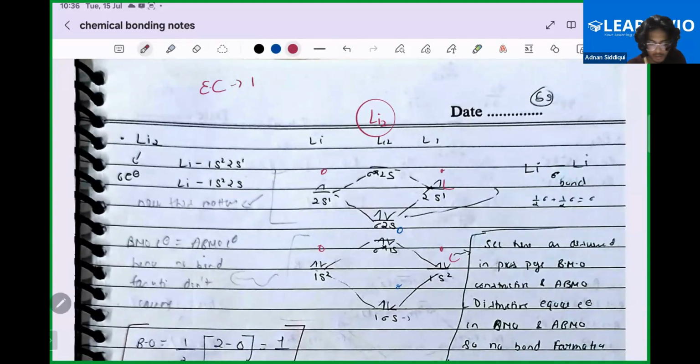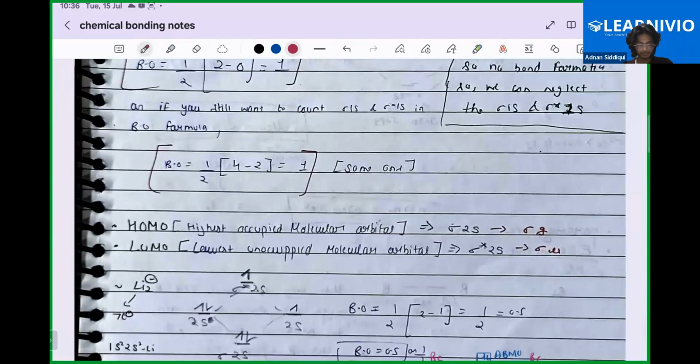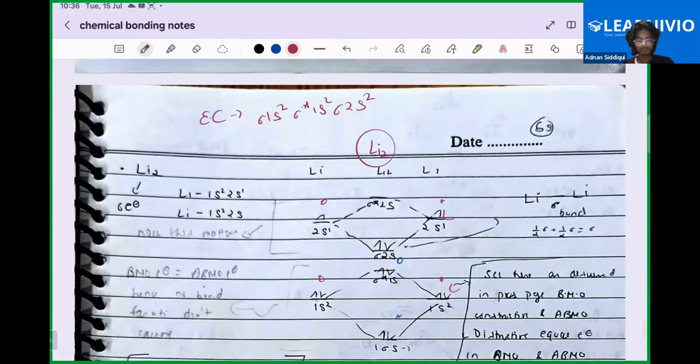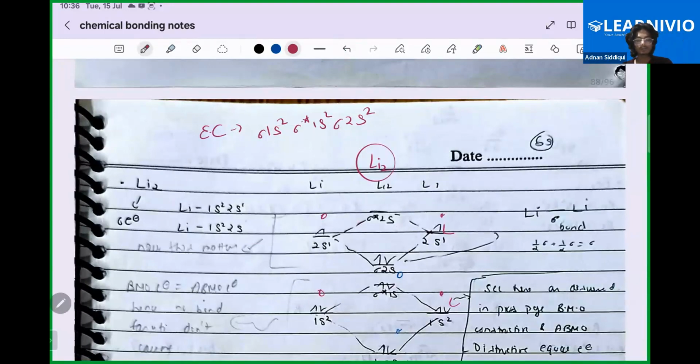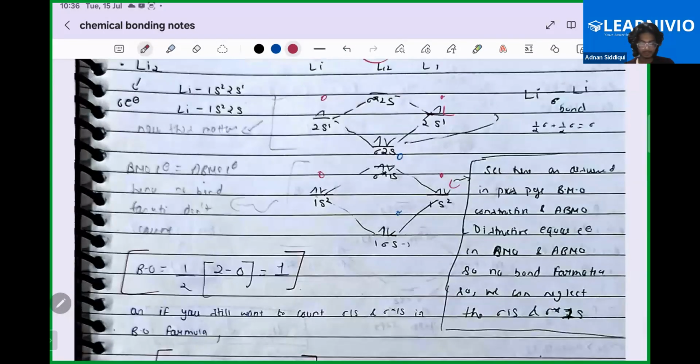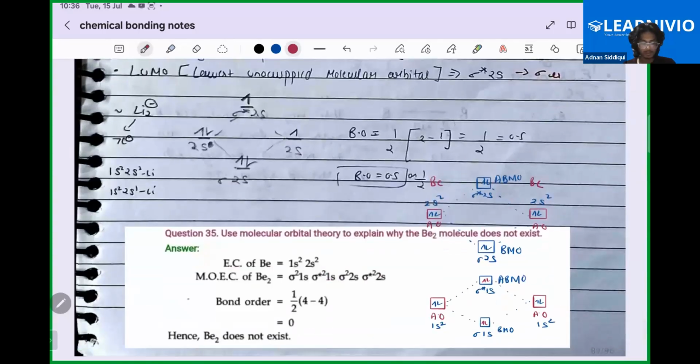You will start with sigma 1s2, sigma star 1s2, then sigma 2s2, right? And what about the star? It is empty.